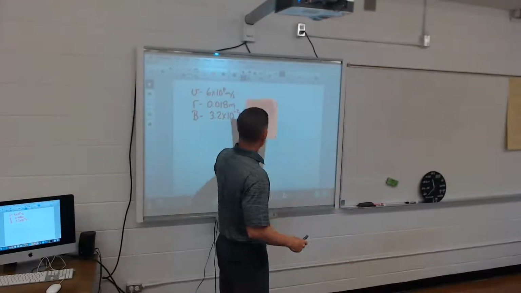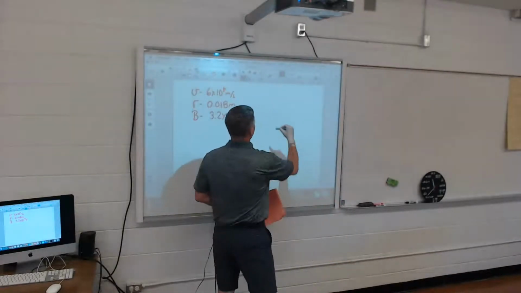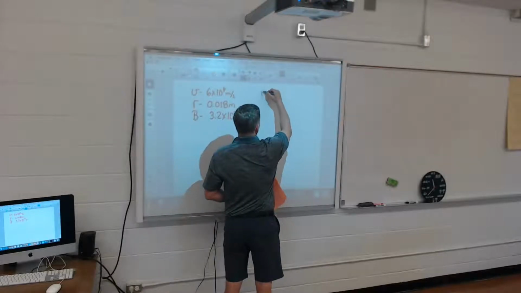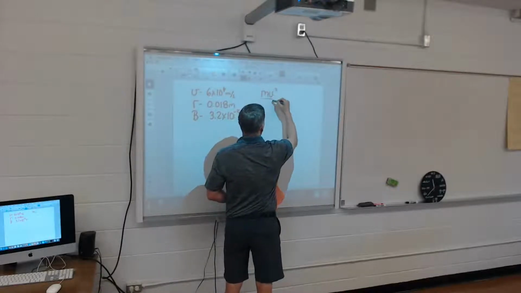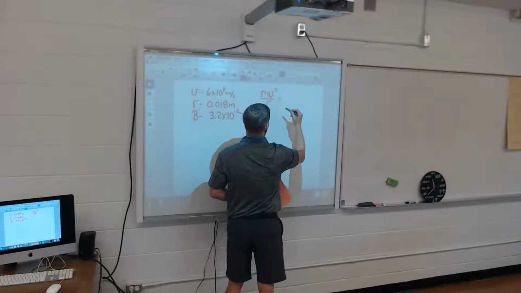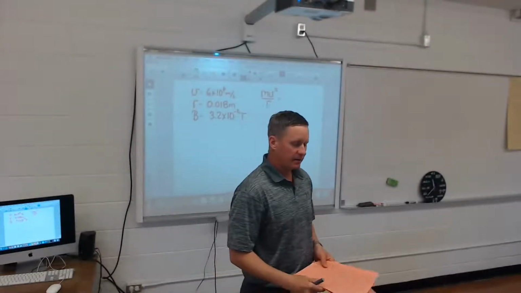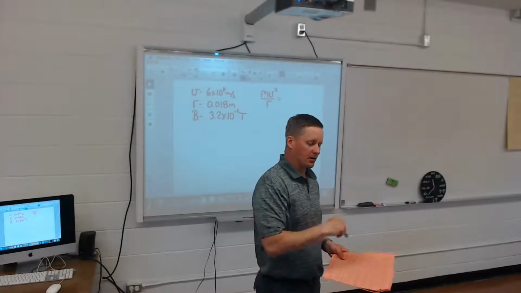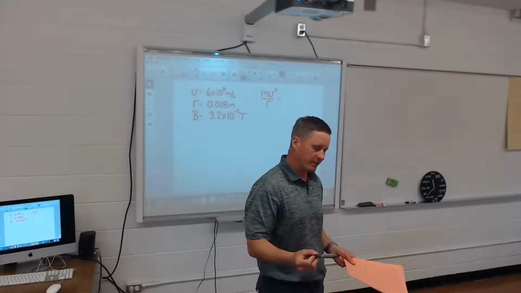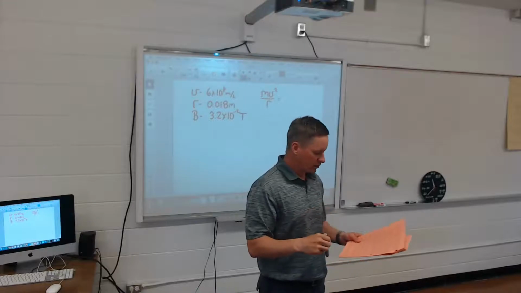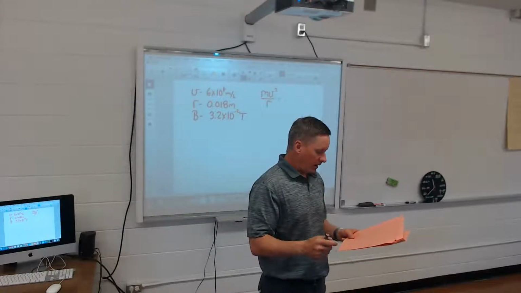All I'm going to focus on is not this stuff right here, but the force equations. So the first one is mv squared over r. Okay, so mv squared over r is the centripetal force going around a circle. All right, we've done work with that. So that's the centripetal force around a circle.